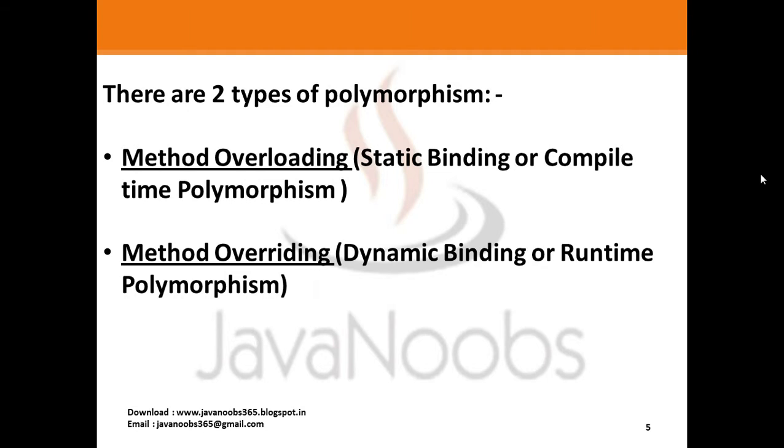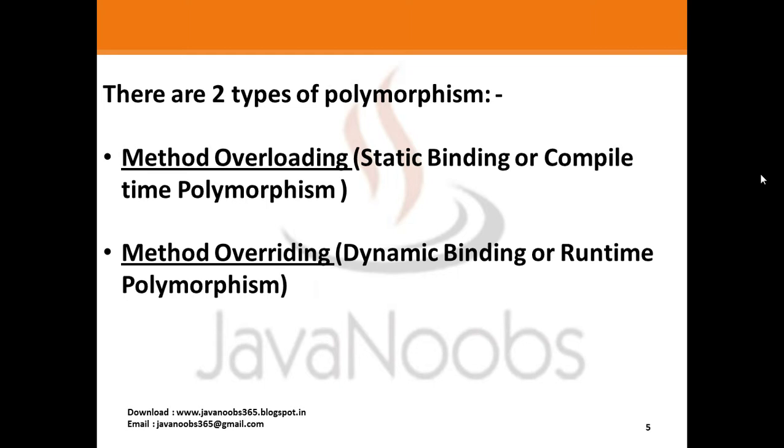Method overriding is called dynamic binding or runtime polymorphism. In my next tutorial I will explain what method overloading is and what method overriding is, and I will give two examples of each. I would write two programs to illustrate method overloading and method overriding.